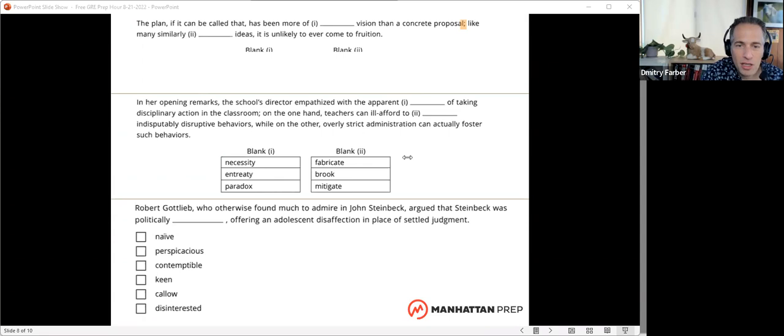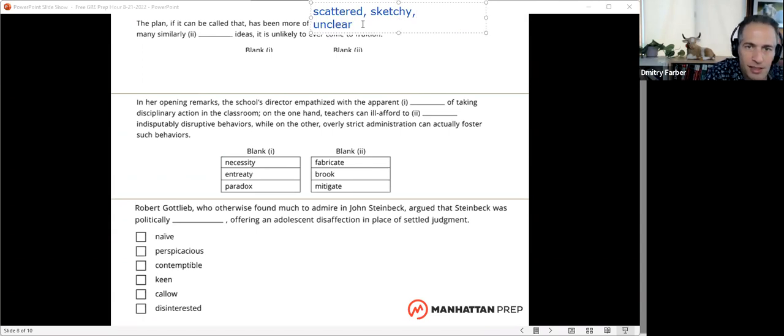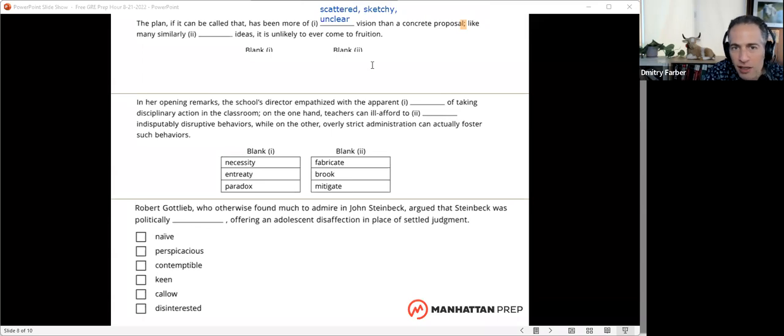Yeah, so something that's all over the place, that sounds good. Yeah, something that's so maybe scattered, sketchy, unclear, something that's the opposite of a concrete proposal. A concrete proposal is like, hey, we're going to do this, and here's how it will work. And this is more like, well, maybe we can all just try to get along, kind of thing, right?